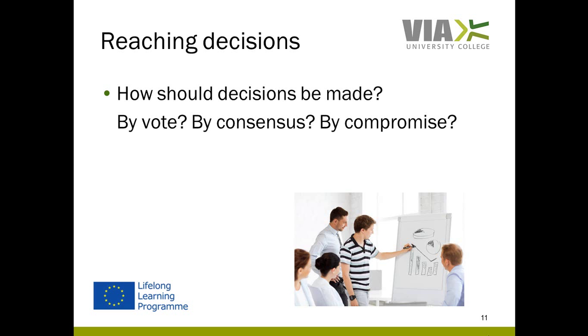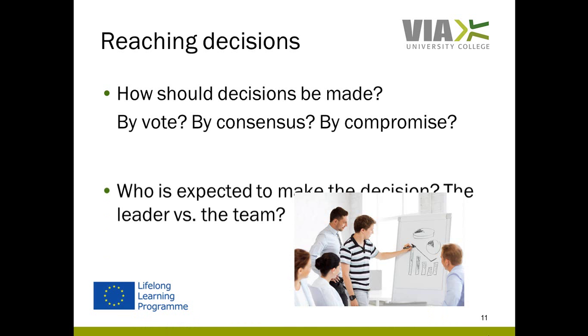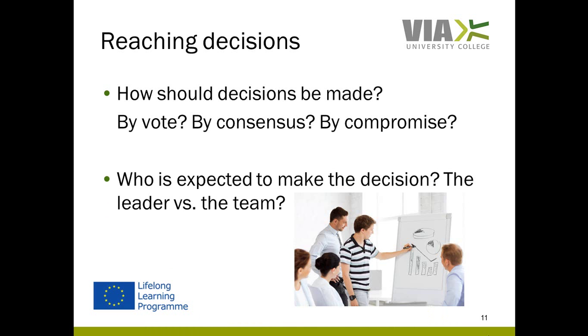But voting also creates winners and losers, which may create problems in cultures where consensus is valued and saving face is more important. Who is then expected to make the decisions in the team? As discussed previously, the attitude towards this aspect may differ considerably depending on the team members' values, and this is a question that the team has to agree on.